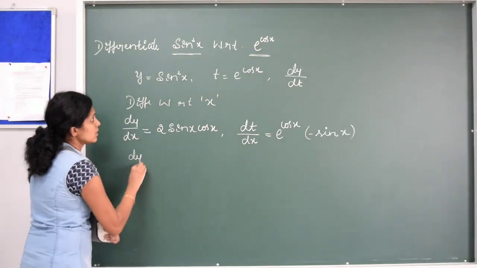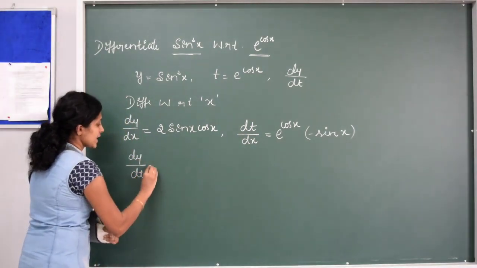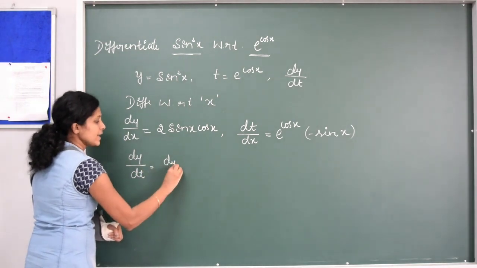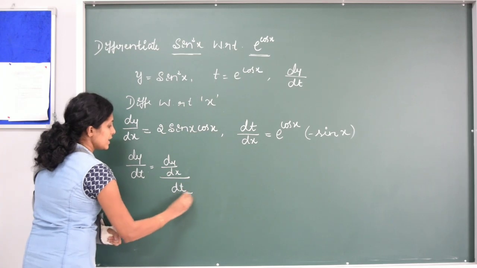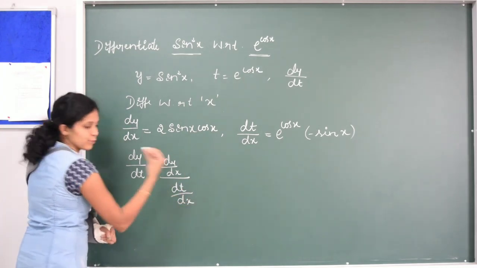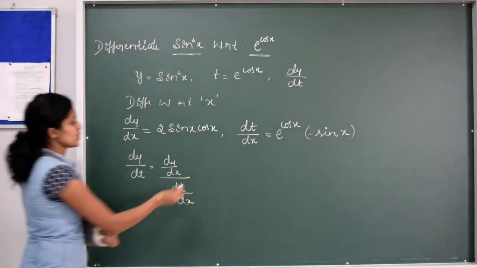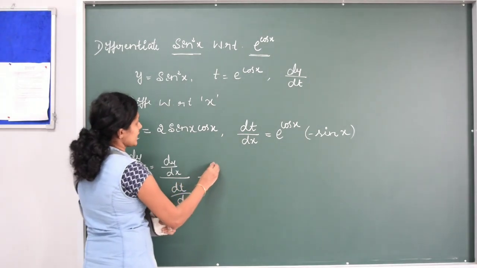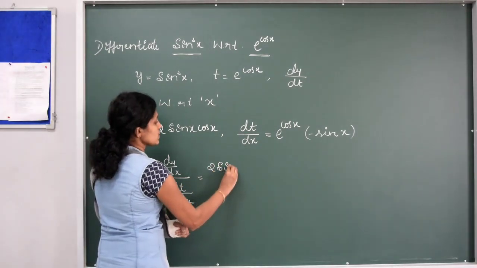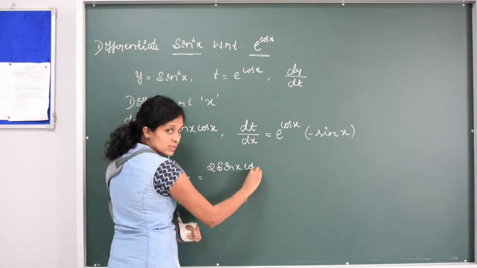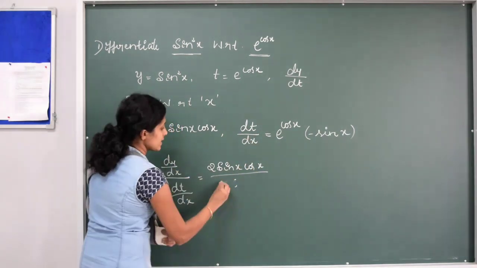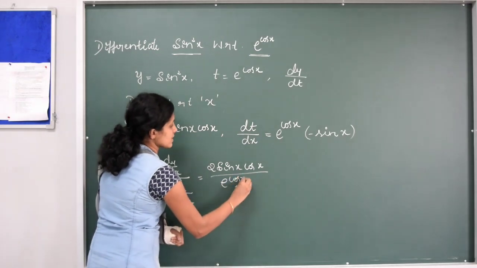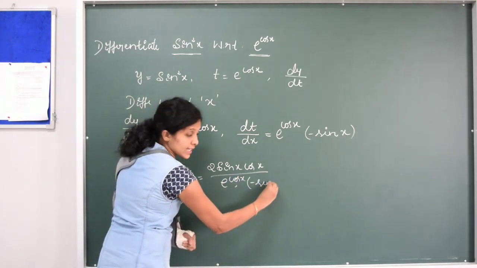So dy by dt can be written as dy by dx whole divided by dt by dx. It's in the parametric form, right? Two functions are given. So dy by dx will be 2 sin x into cos x, whole divided by minus e to the power cos x into sin x.